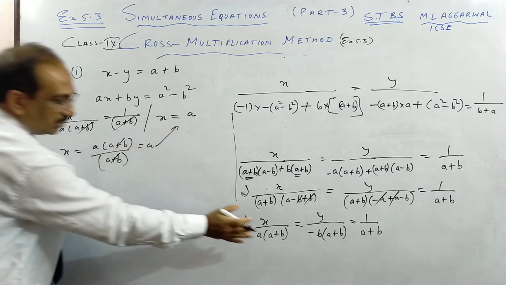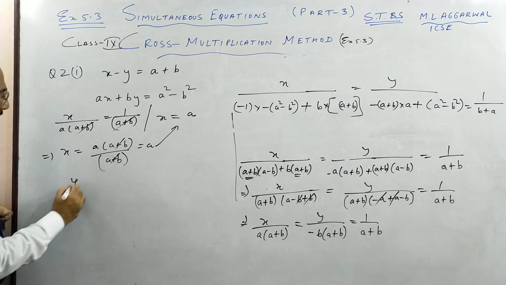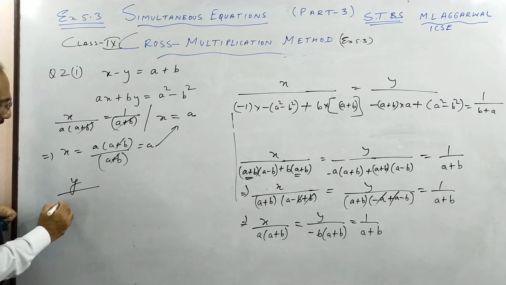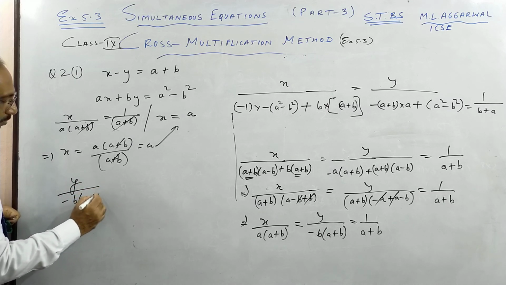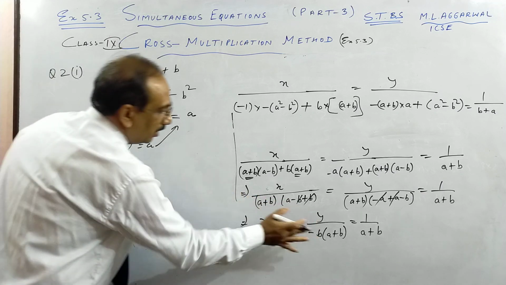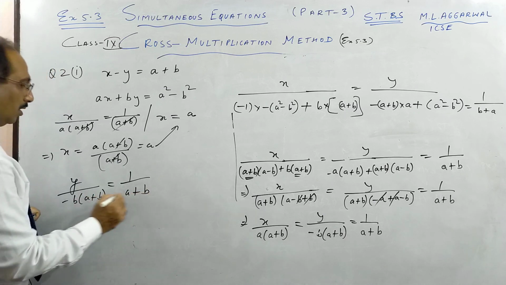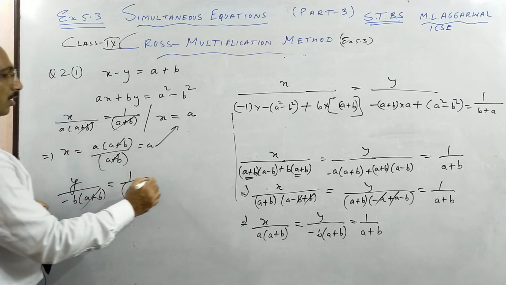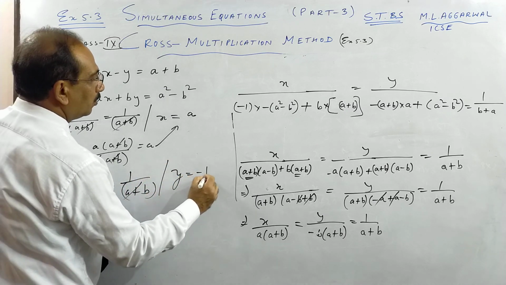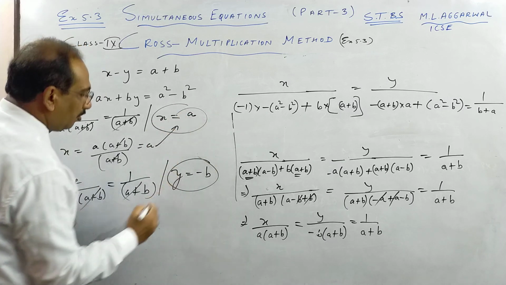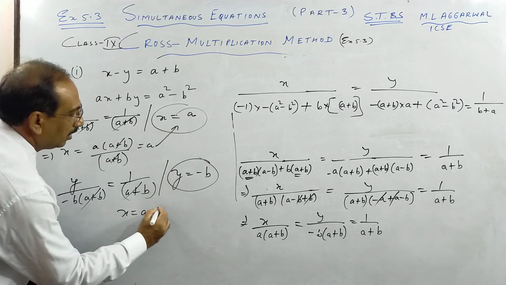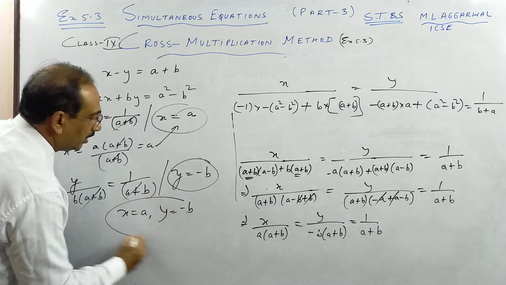So same thing, you will get a plus b, this will give you a. And second thing, don't see this children, y by minus b a plus b, second and last, don't see this, second and last, 1 by ab, a plus b. So same way this will cancel, you will get y is equal to minus b. So one of my answers is x is a and y is minus b.